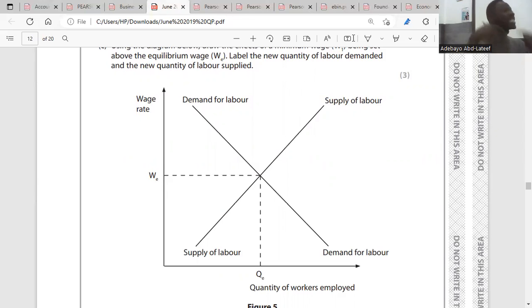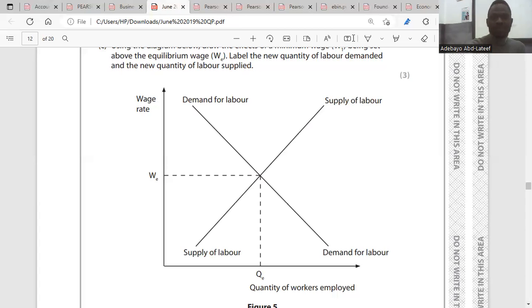Because the wage rate has increased from WE to maybe W1, it will mean that workers that have jobs will get more pay. Yes or no? So people will be willing to work. The supply of labor will shift rightward from S to S1. So that means the quantity supplied of labor will be in front of QE. What I'm saying is the supply of labor will be above QE.